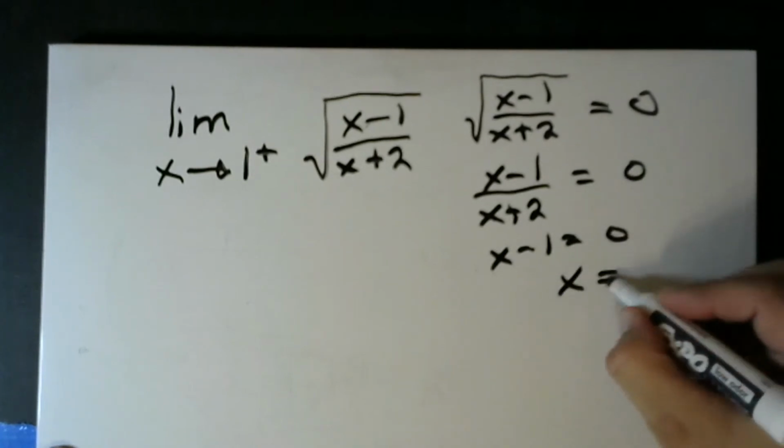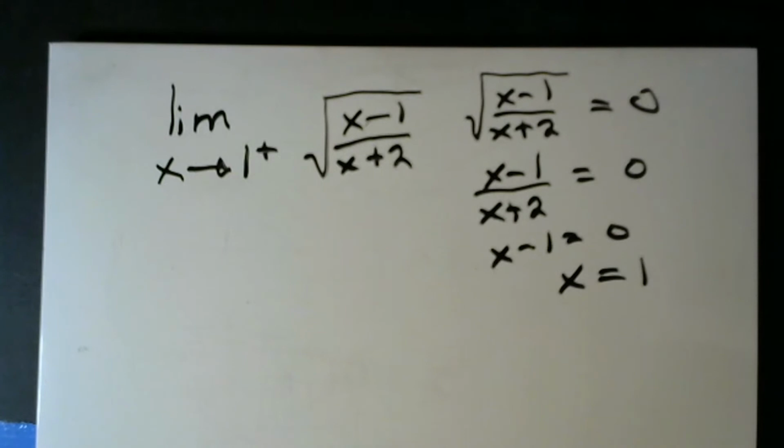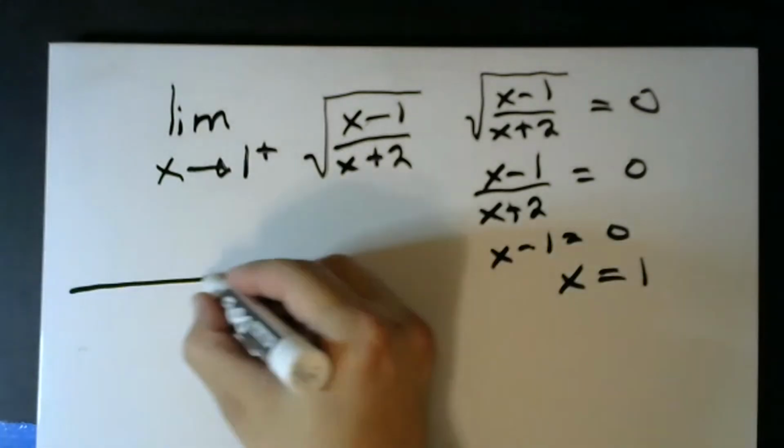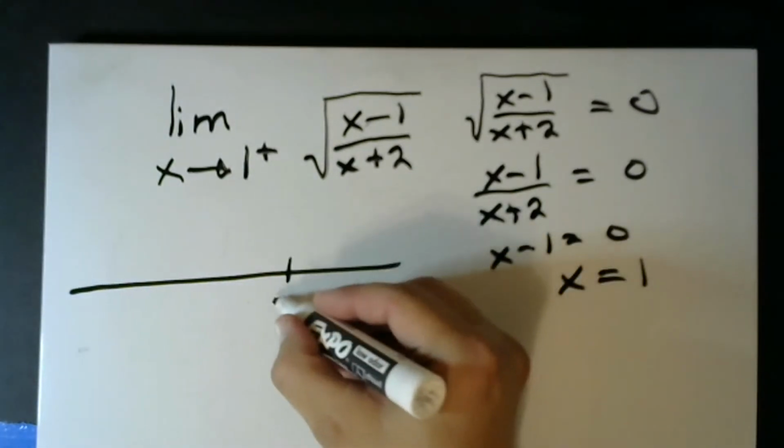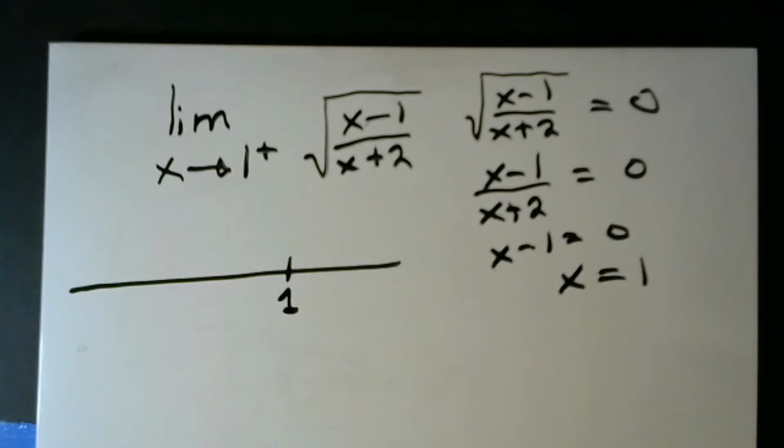And then we get x is 1. So at x is 1, this is crossing the x-axis. Now, from what we have, this is the only place where it's crossing the x-axis.